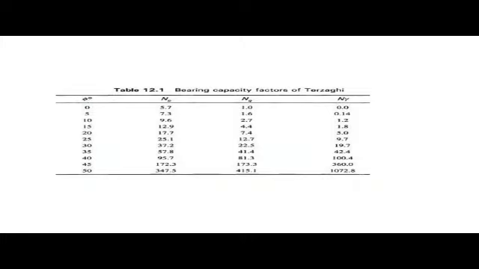Phi is also 0. So you should always know that for phi equal to 0, Nc is 5.7. If in the problem Nc is not given, you should assume for pure clay soil Nc as 5.7, Nq as 1 and N gamma as 0.